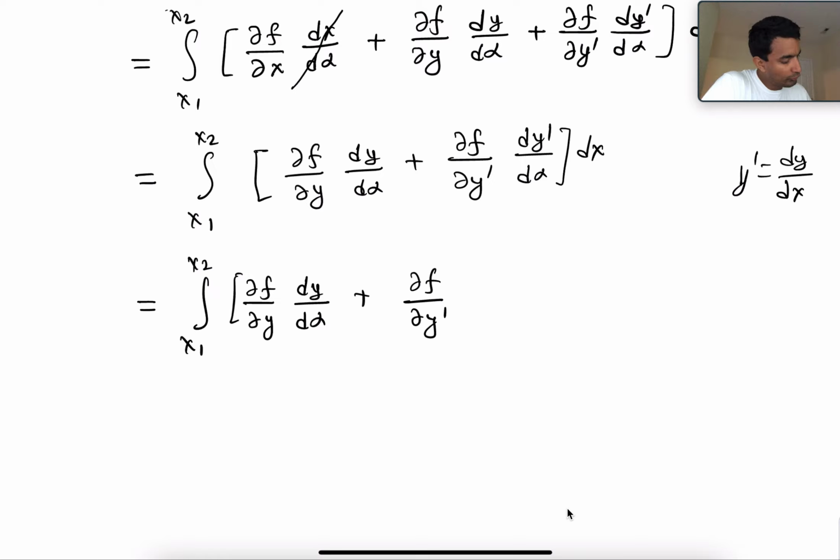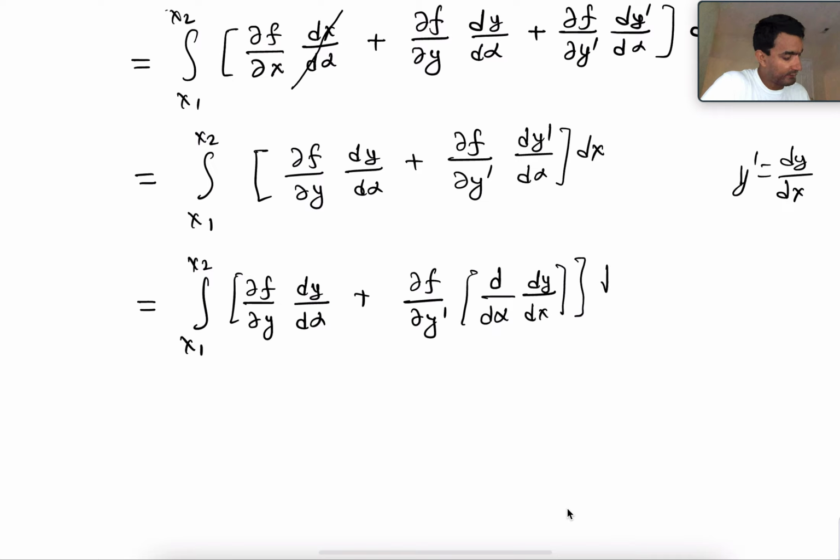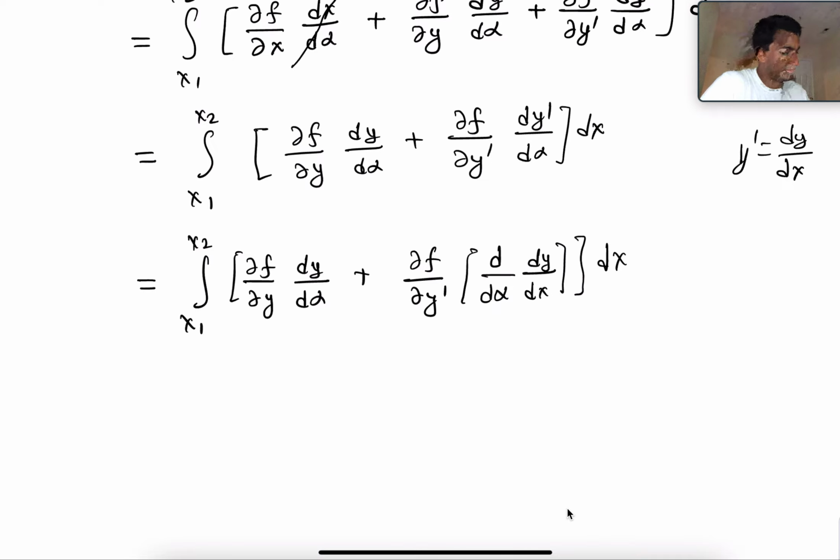So this second term can be written as d by d alpha of dy by dx. And then we have this integral dx.